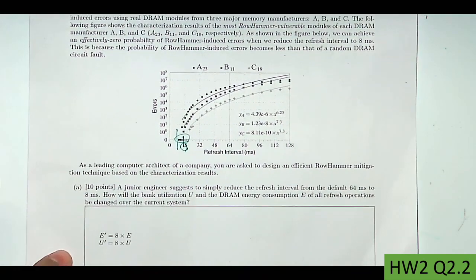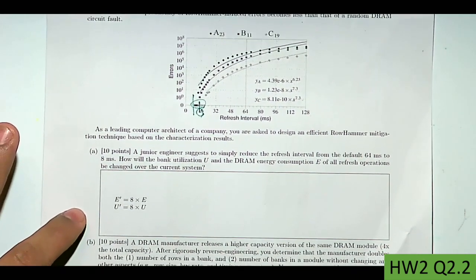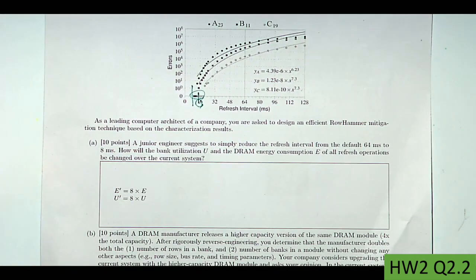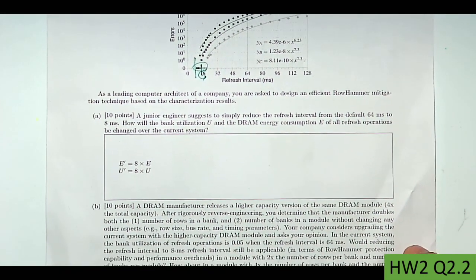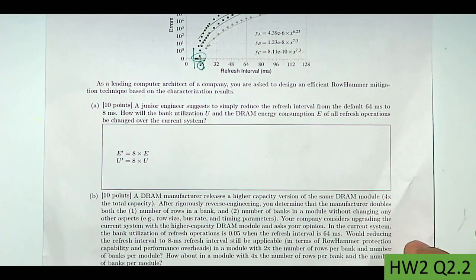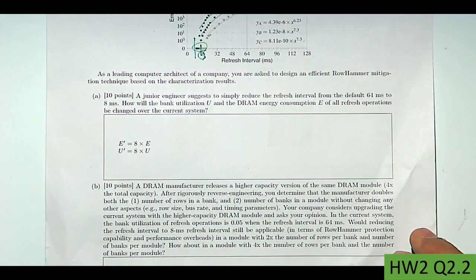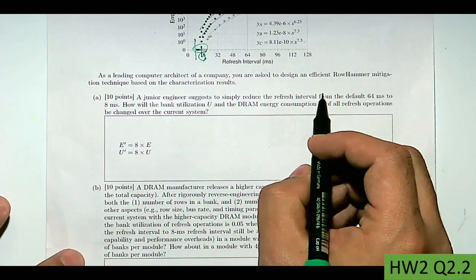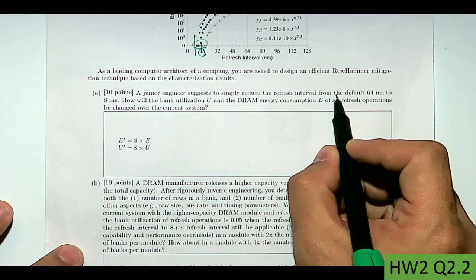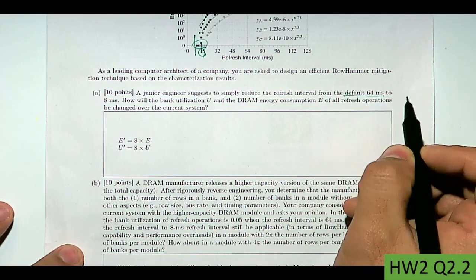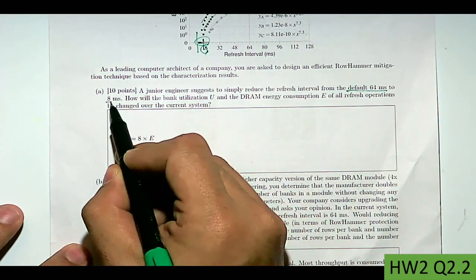Based on this, as a leading computer architect of a company, you are asked to design an efficient RowHammer mitigation technique. But your junior engineer suggests a very naive but immediate mitigation technique which reduces the refresh interval from the default value 16.4 milliseconds to 8 milliseconds.